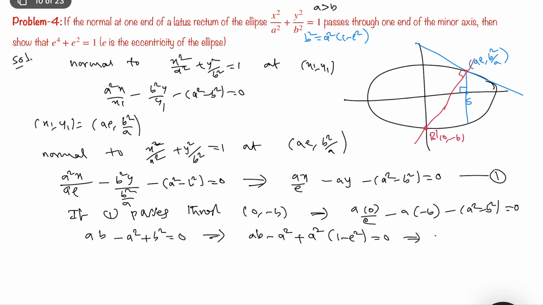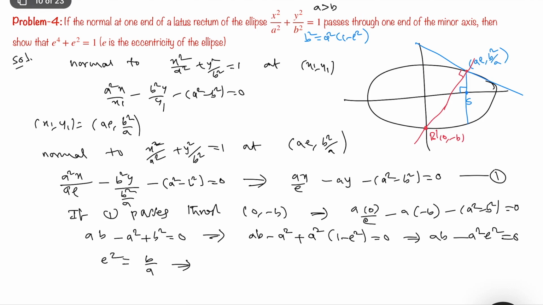Okay, that implies ab, so here a square cancels. So we have minus a square e square equal to 0. That implies e square will be b by a.